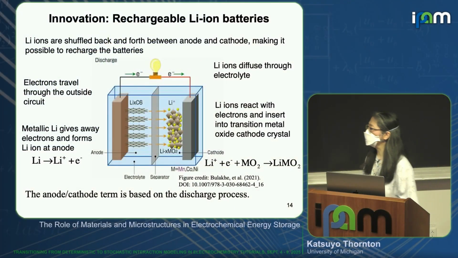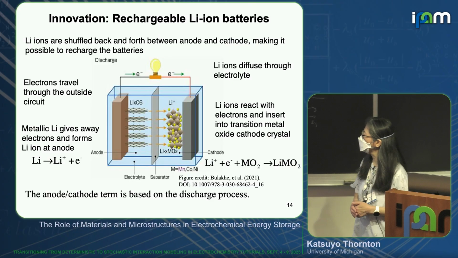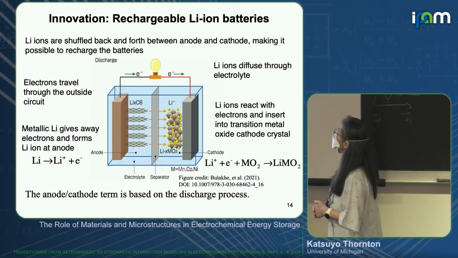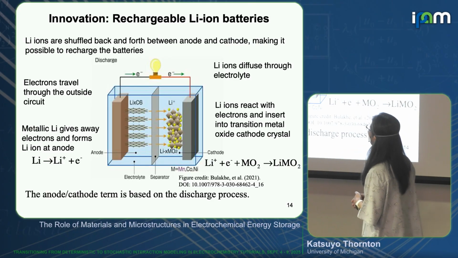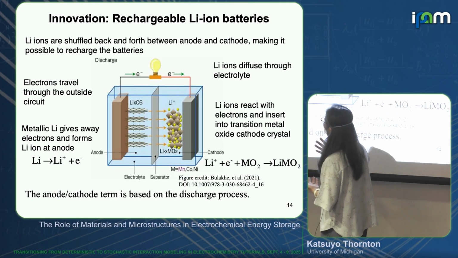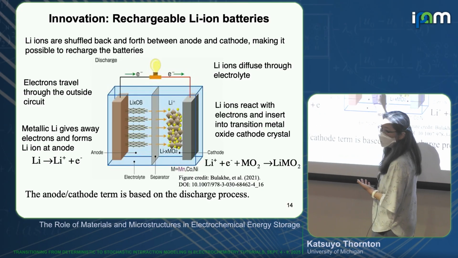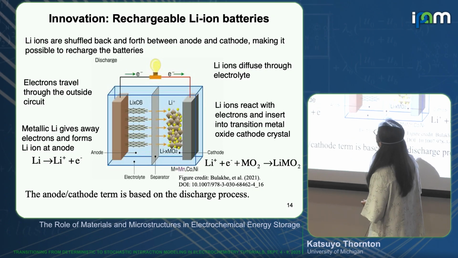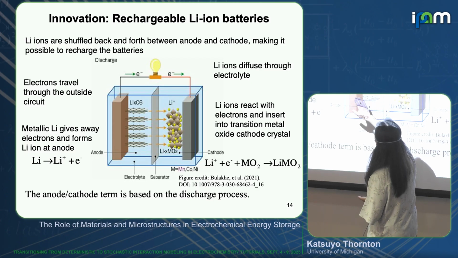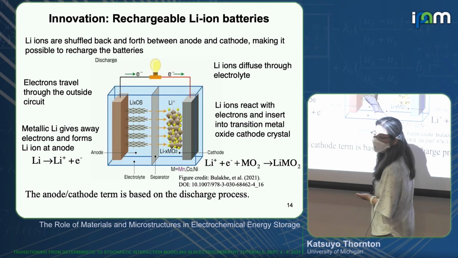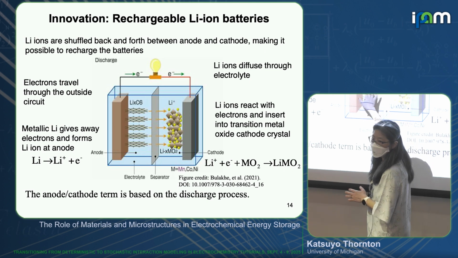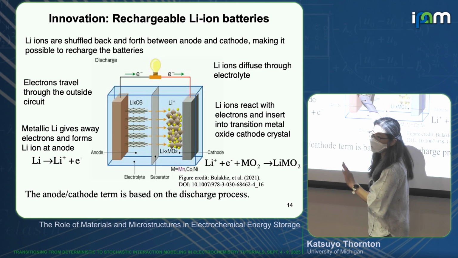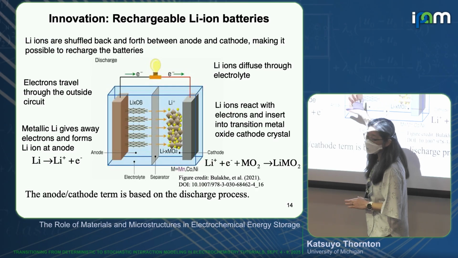So here is a schematic of rechargeable lithium-ion batteries. It's called a lithium-ion battery because you have a lithium ion that gets shuffled back and forth. When it discharges, the lithium is stored in the anode, which is typically made of graphite.